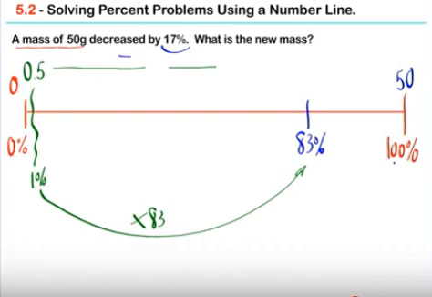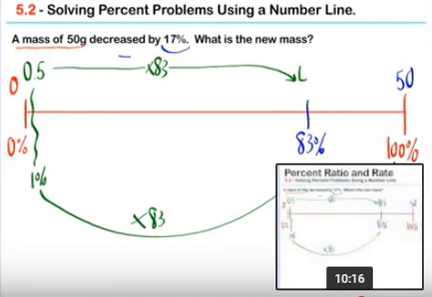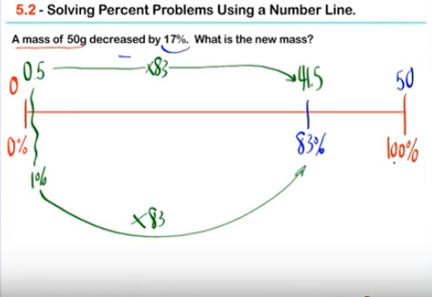You should multiply 0.5 by 83. And what is that amount? That is 41.5. So problem solved. The new mass after decreasing 50 grams by its 17% is 41.5. Thank you.